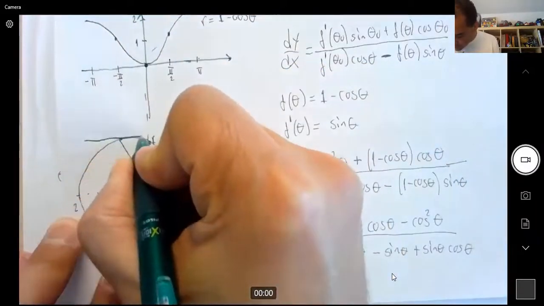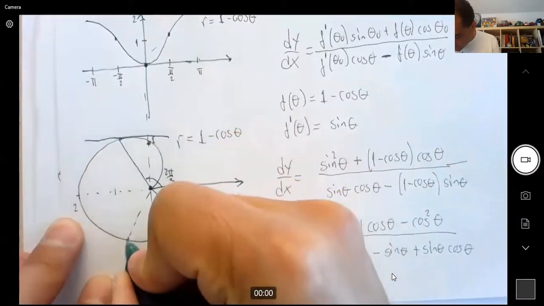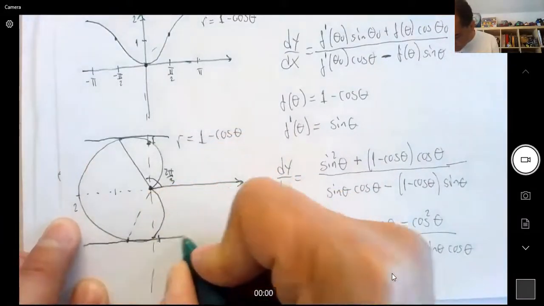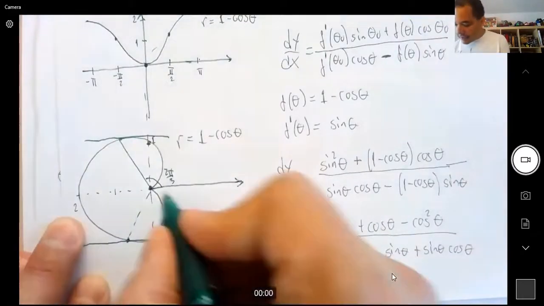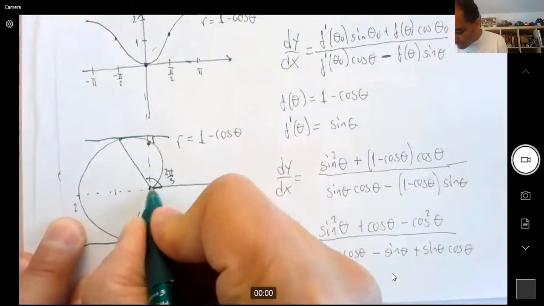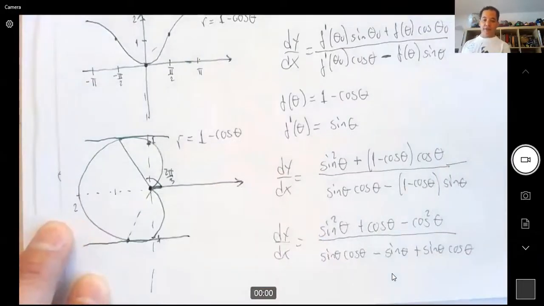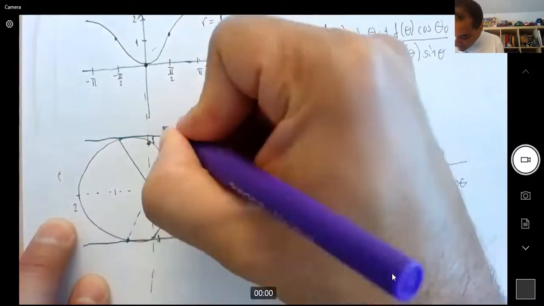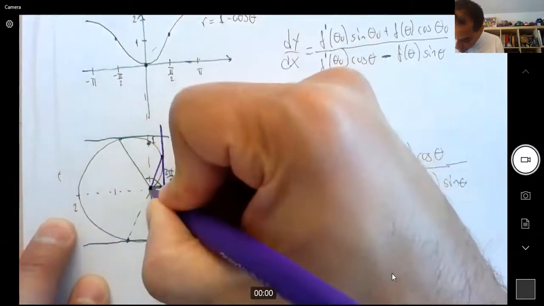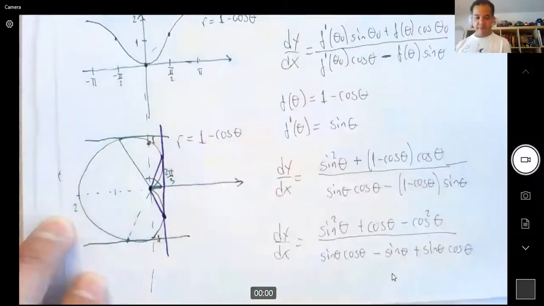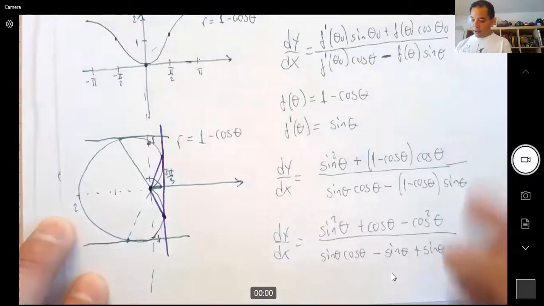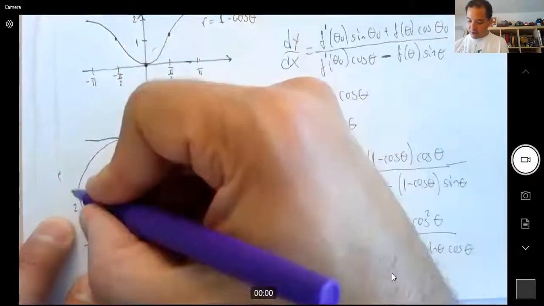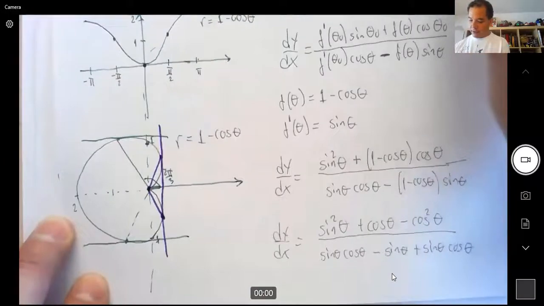That's a horizontal tangent line. And also at negative 2 pi over 3. Okay, my picture is not perfect, but the tangent line should be right here. And at 0, right here, that's another horizontal tangent line. And then vertical tangent lines at pi over 3 and at negative pi over 3. So at pi over 3 right here, that's a vertical tangent line, and it's the same at negative pi over 3 right here, right? And we should have one at negative pi and at pi.